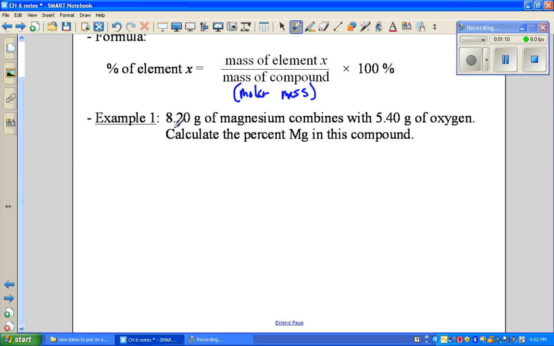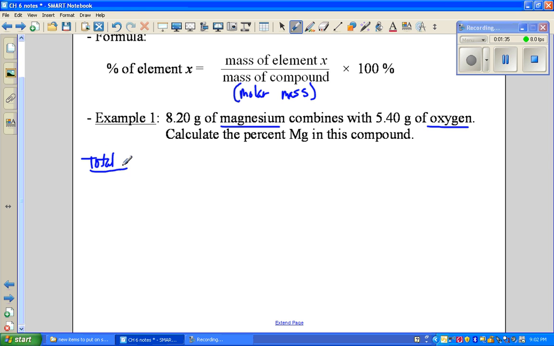So we have 8.20 grams of magnesium combines with 5.40 grams of oxygen. Hopefully you can think about a mixing bowl. We're going to put 8.2 grams in there, and 5.4 grams of oxygen, mix it up, and calculate the percent magnesium that's in this compound. If we have a compound, the first thing we need to do is find the total.